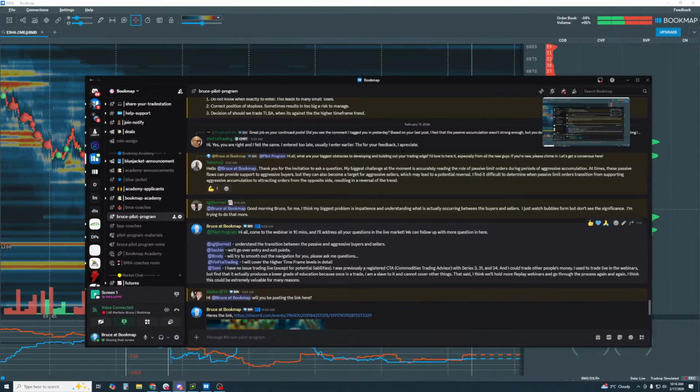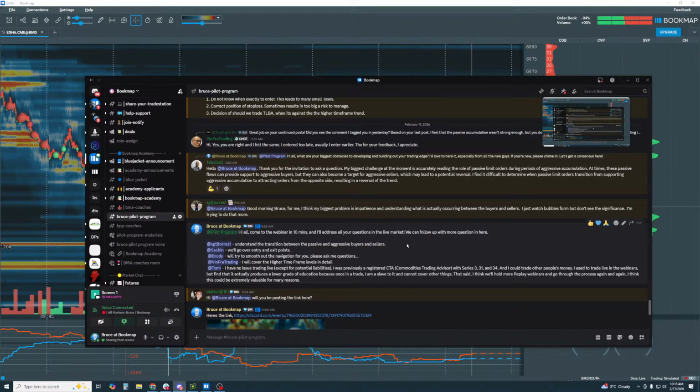This is why. Okay, previously I was a CTA, a commodities trading advisor. I had a series 3, 31, and 34. I could trade Forex and futures, and 31 was like, I think, being a partner at the brokerage or something like that.